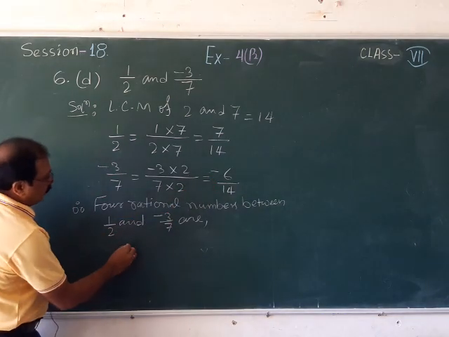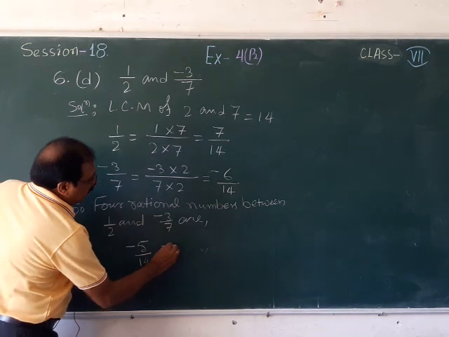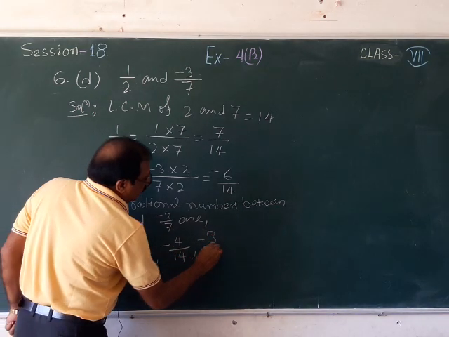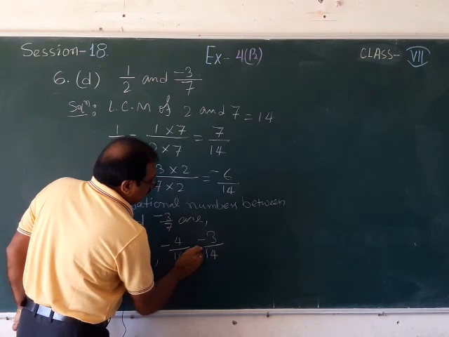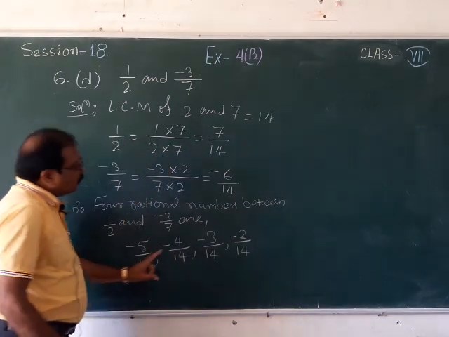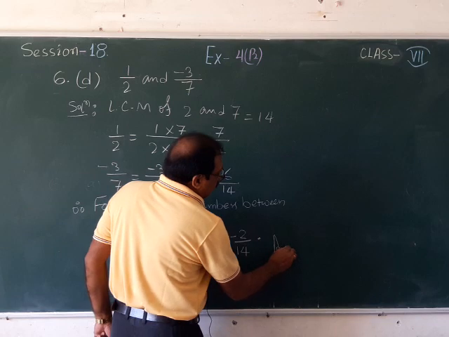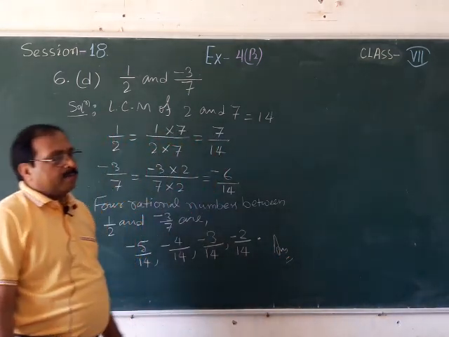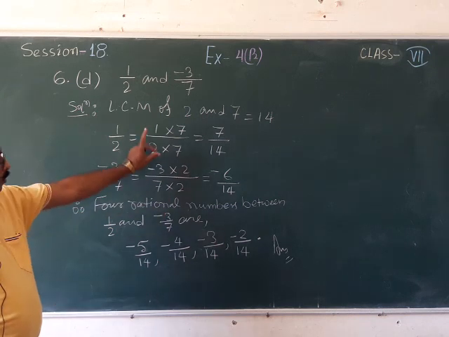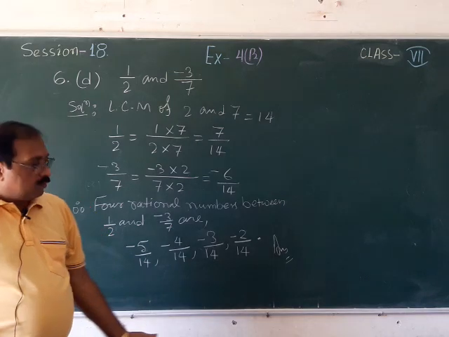So after -6 on the number line you have -5 upon 14, then -4 upon 14, then -3 upon 14, then -2 upon 14. So 1, 2, 3, 4 numbers are written. They have told us to write any 4 numbers, so any 4 numbers you get there, we need to write.